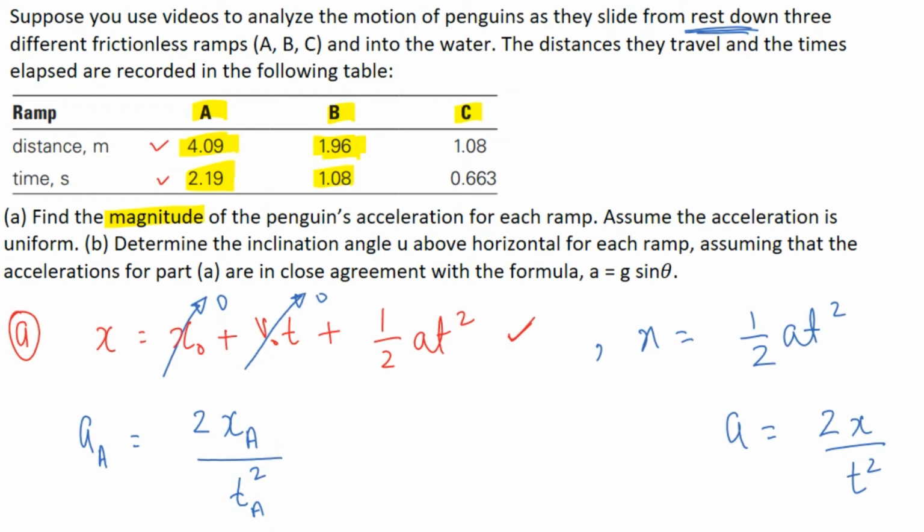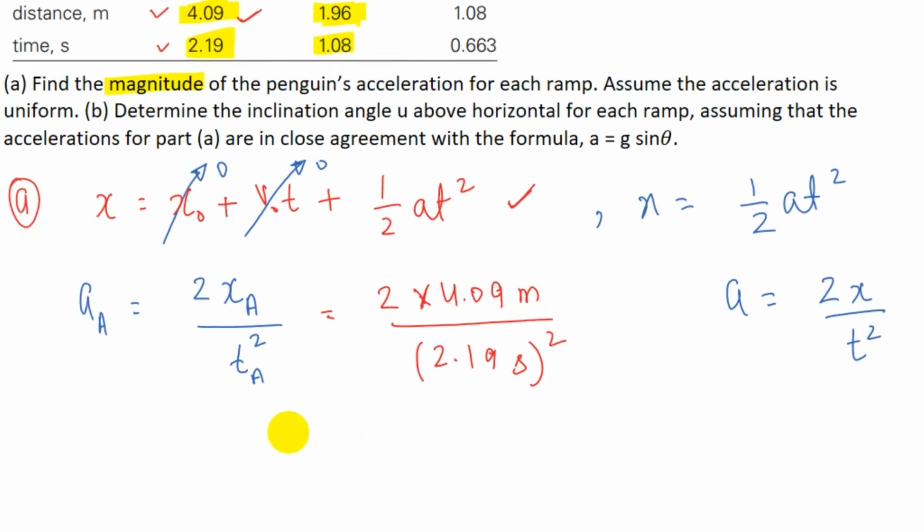Now distance x_A we have 4.09 meters for ramp A. So this is 2 times 4.09 meters divided by the time it took to cover this distance, 2.19 seconds, squared. Now we can solve this using our calculator, and we'll get the answer to be 1.71 meters per second squared. So this is the answer for the A part.